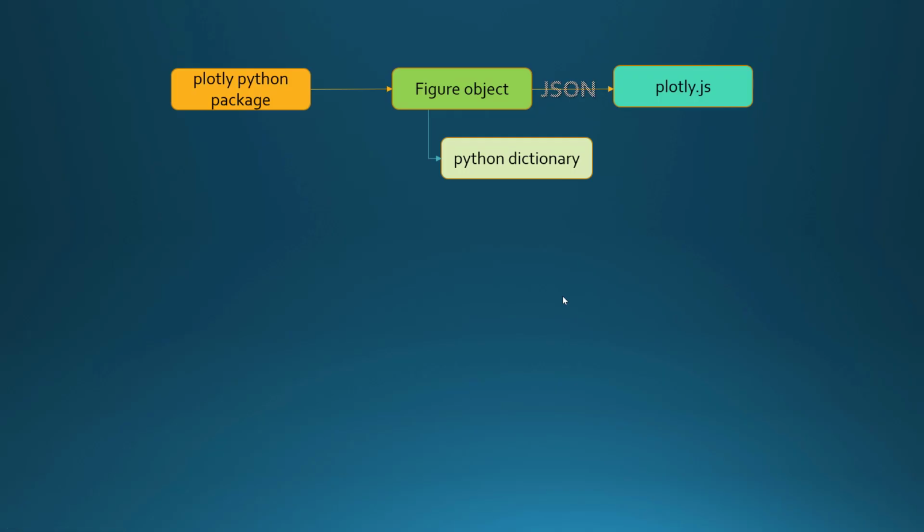Now the second way you can create a figure object is a very high-level package called graph objects. You will use the figure class of the graph objects package to create a figure object. There is a big difference in terms of syntax, and we also get a lot of helping hand.